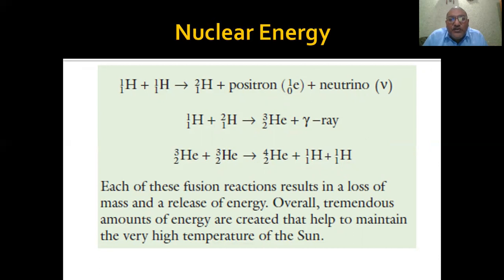Each of these fusion reactions results in a loss of mass and a release of energy. Overall, a tremendous amount of energy is created that helps to maintain the very high temperature of the sun. This concept, that fusion is happening on the sun, comes up in the MCQs in every second paper.